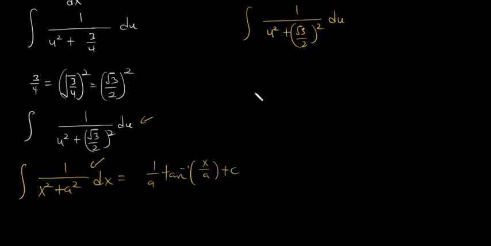So now our answer will be equal to 1 over root 3 on 2, multiplying the tan inverse of u over root 3 on 2, plus C. All right, so let's see what you are going to have.